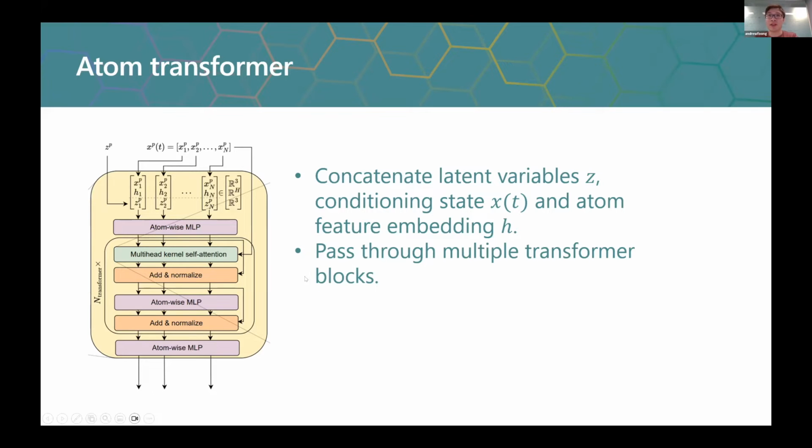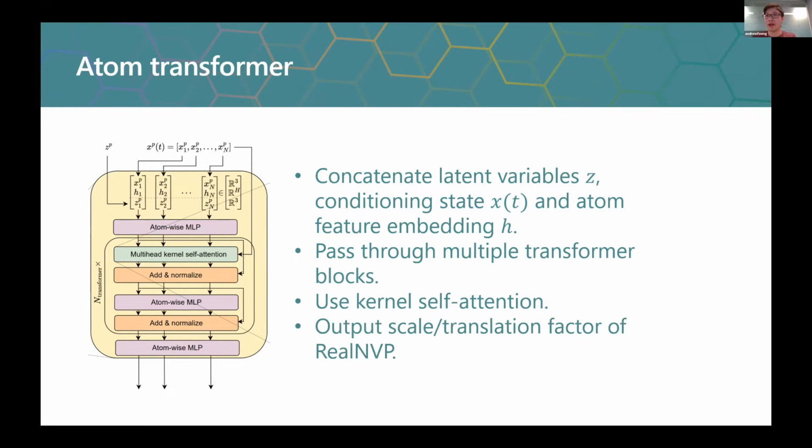We're going to pass this set of vectors through multiple transformer blocks, just like the transformers, more or less, in Attention Is All You Need. Except we're going to use kernel self-attention instead of the usual dot product attention. And just with normal real MVPs, we're going to output a scale and a translation factor.